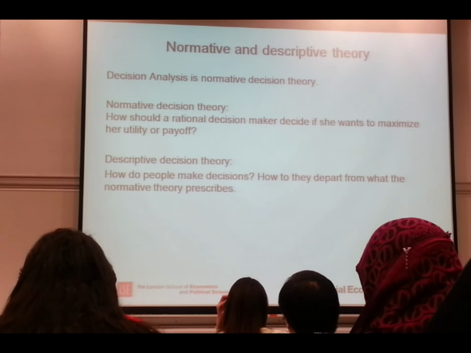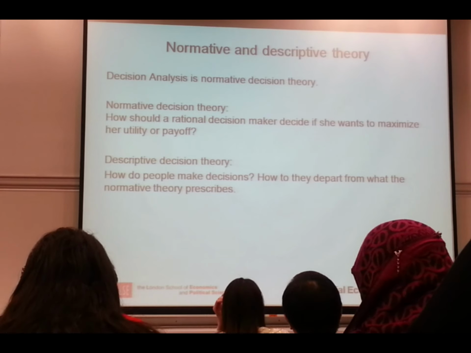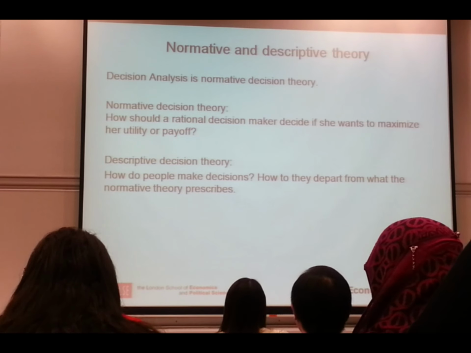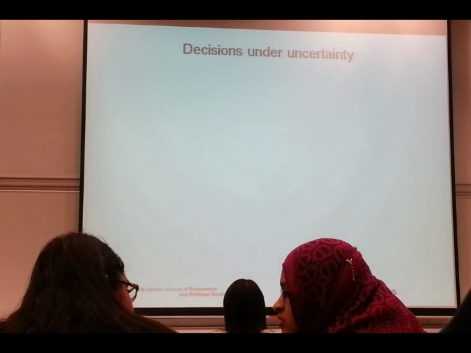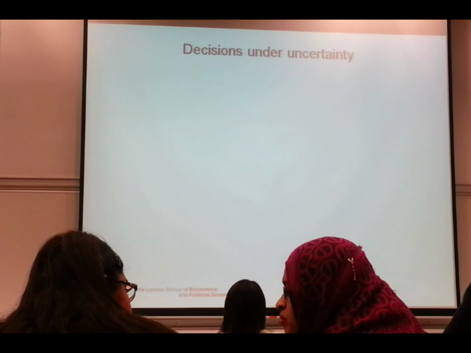So it's not about describing how people make decisions, how they act in real life, but more about how they should behave given a certain utility context, given a certain set of preferences. And most of the time, these decisions are made under a degree of uncertainty.